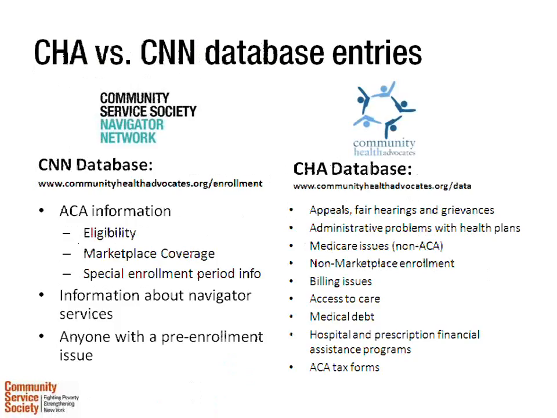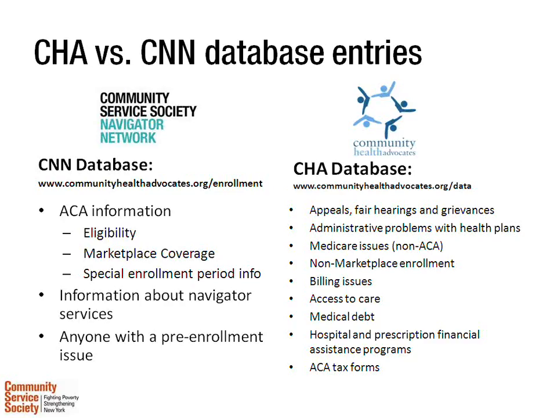So these are some common CHA versus CNN database entries. In the CNN database, you're not going to be using that too often. It's mainly just for people who are ready to enroll. You might be giving them some basic information about the ACA and then transferring them over to a scheduler for an appointment.